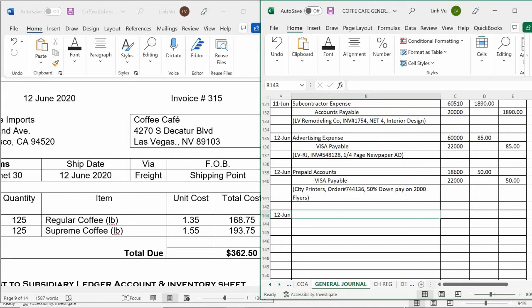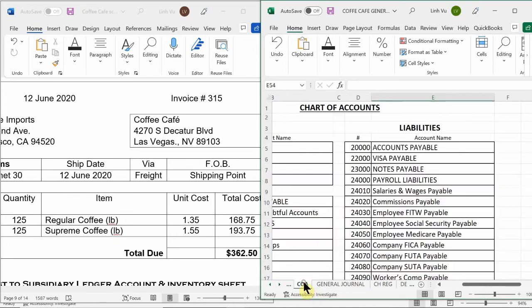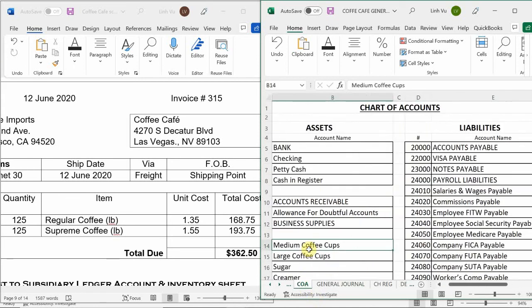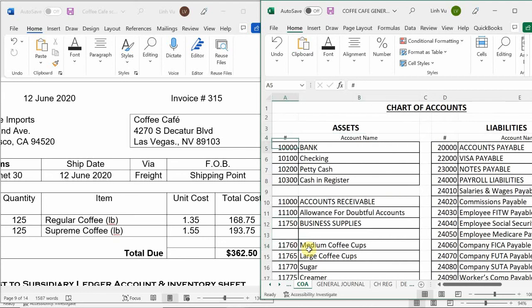Correct. So do I have inventory accounts for my coffees? Yes. Let's take a look at my chart of accounts. What account are they?